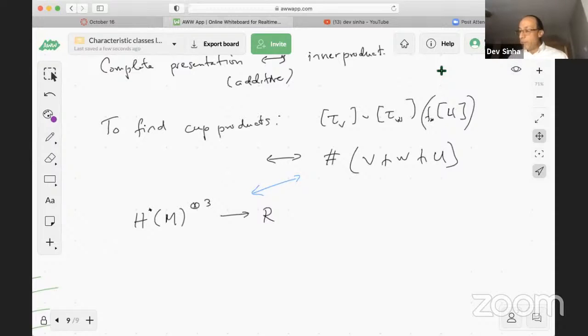A nice little example here. We're so used to the cohomology rings of projective spaces being polynomial.